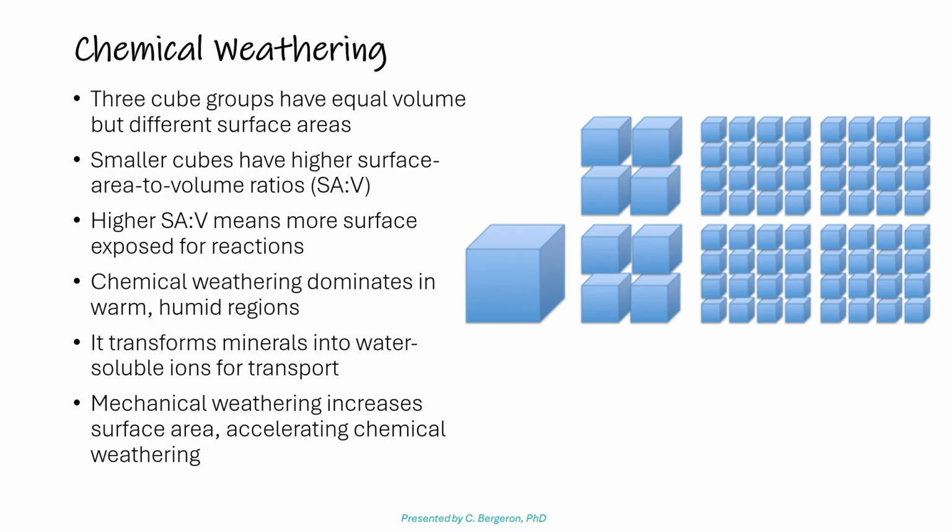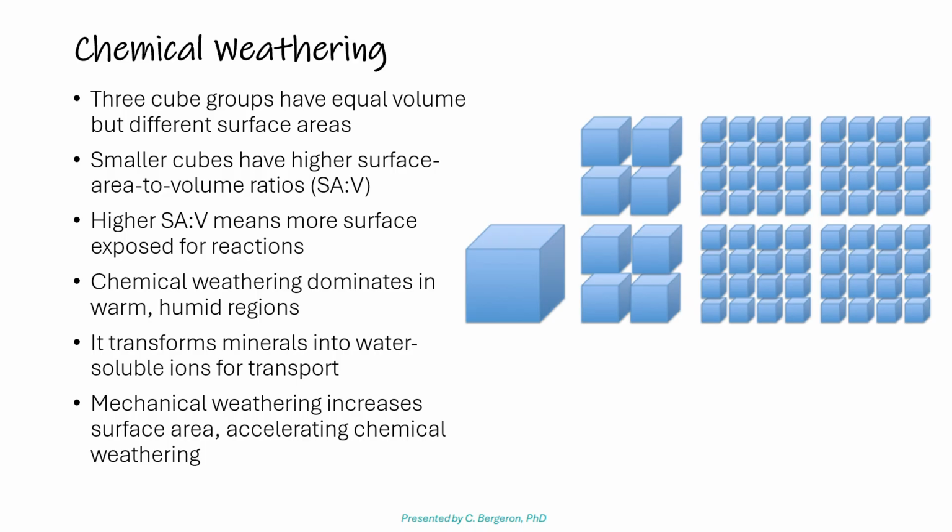But they work hand in hand, because when mechanical weathering penetrates the rock and breaks it into smaller pieces, you increase the surface area. That's what these cubes here are trying to show you.